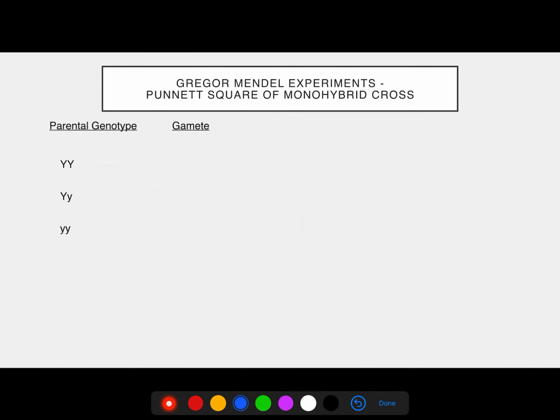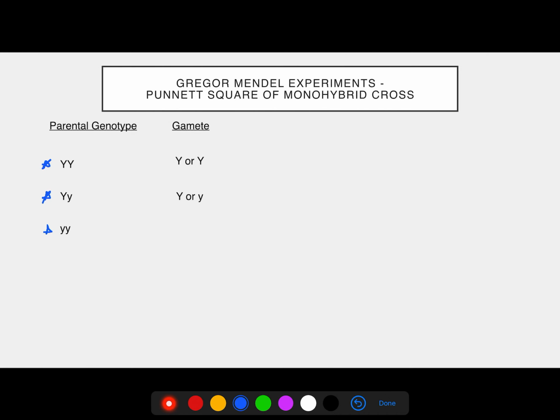Okay, so let's try this. I want you guys to do this. If I give you the parent genotype, I want you to tell me the gamete. So if it's capital Y, what is the possible gamete here? I'll take a pause if you need it. Then you only have one option: a capital Y, or another capital Y. If you're a parent that is heterozygous, capital Y or lowercase y.